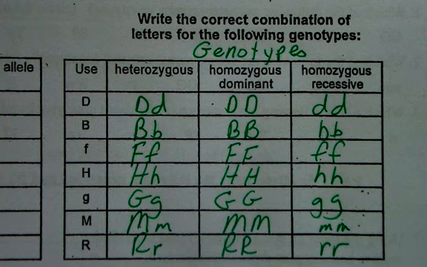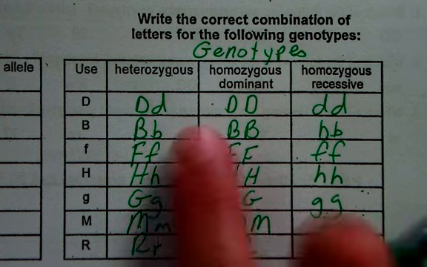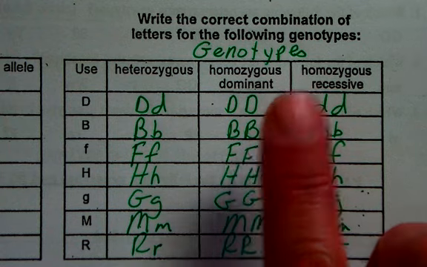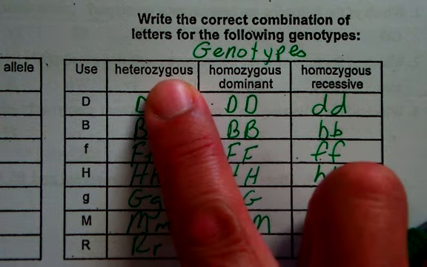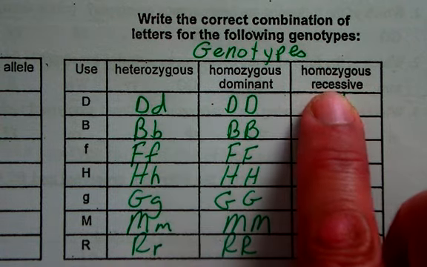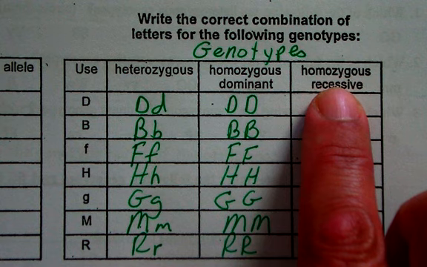All right? So these are three examples of genotypes. And these are important because we use these words throughout the rest of this unit. They help us describe the types of characteristics.